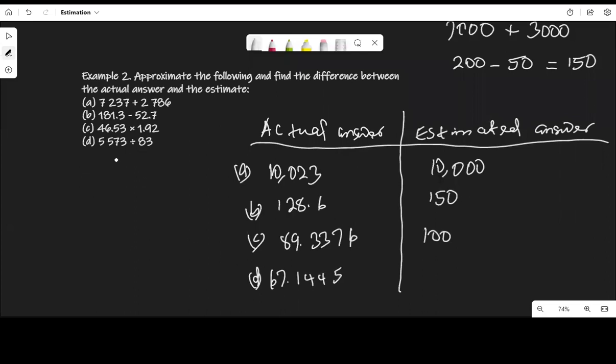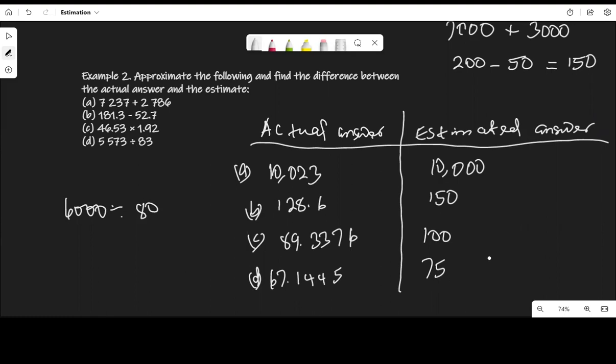For the estimated answer, I will round this to the nearest thousand. 5,573 to the nearest thousand is 6,000, divided by 83 to the nearest 10, which is 80. 6,000 divided by 80 is 75. You can see again the difference between 67 and 75 is just 8.